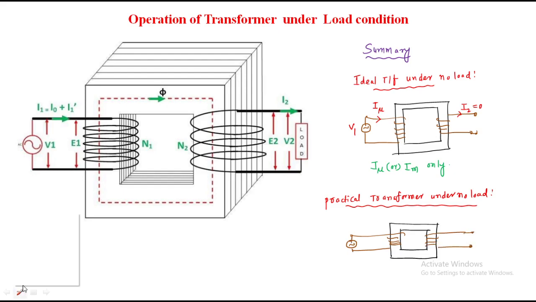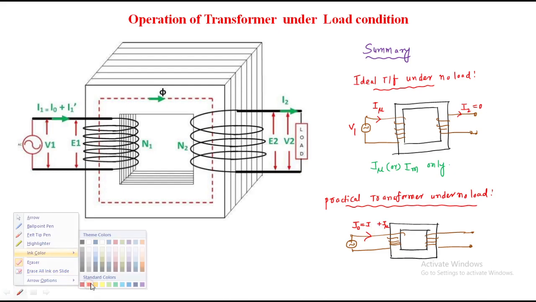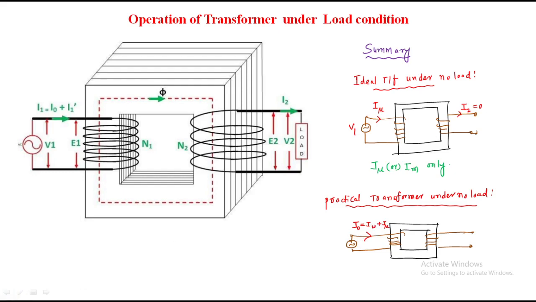There is no load across the secondary. Obviously, what is the current now? Now the current is I naught only, right? I naught, which equals what? IW plus I mu. Practical transformer under no load condition. So this is the summary for us.